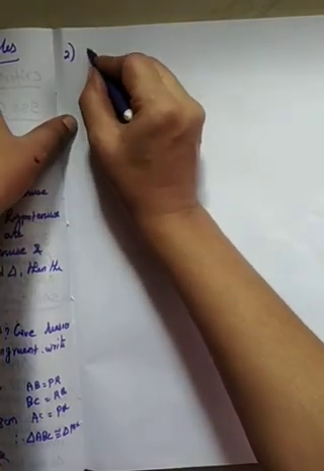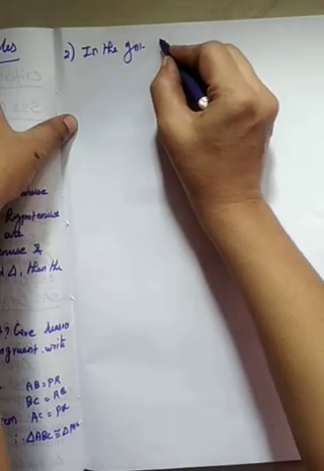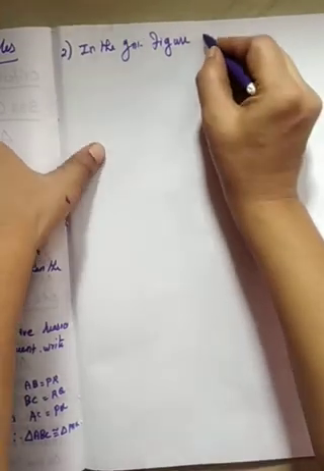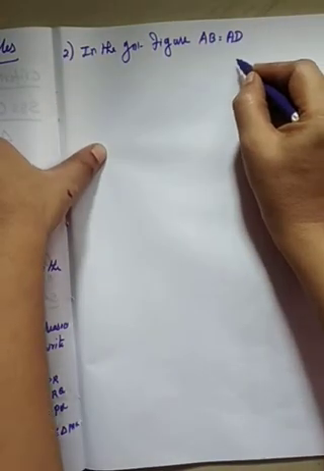Now see the last problem. In the given figure, AB equal to AD and BC equal to DC.